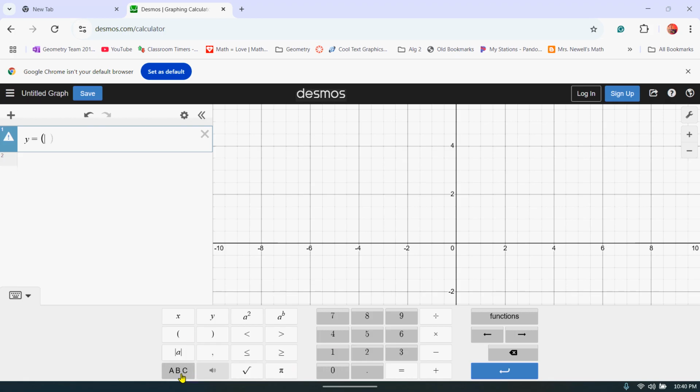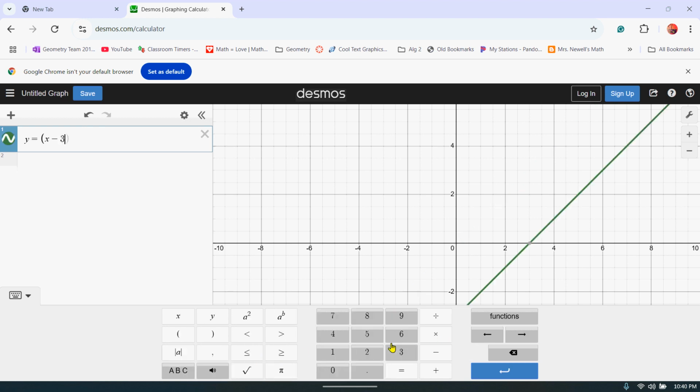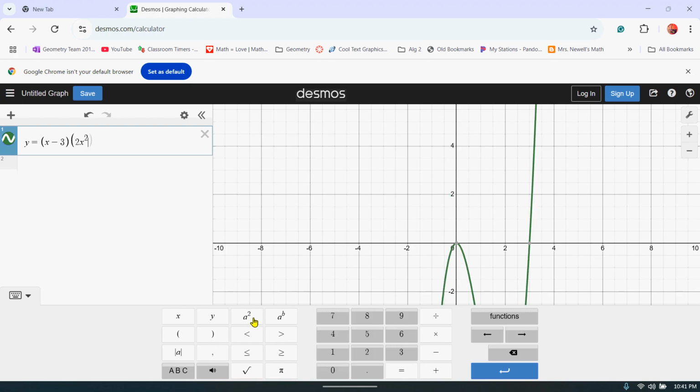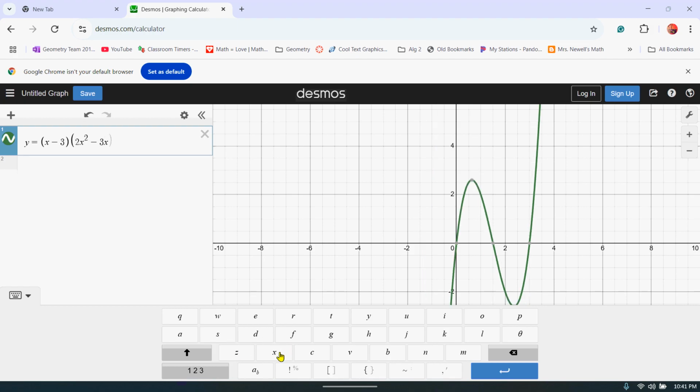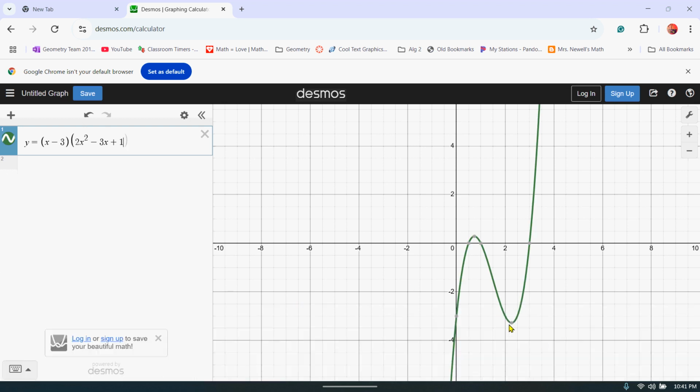We have x minus 3, close parentheses, open it up again, and we're gonna have our 2x squared. Remember, you can type x squared by doing shift, I think it's 6. And then we have minus 3x, and then plus 1. All right, so there's the graph right there, okay?